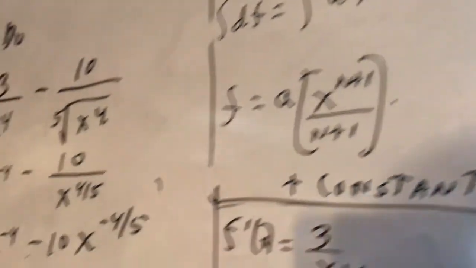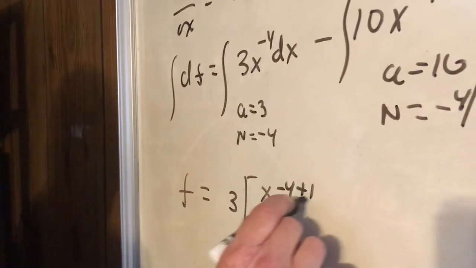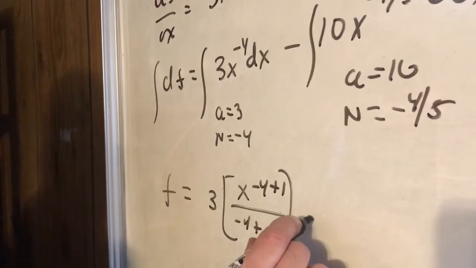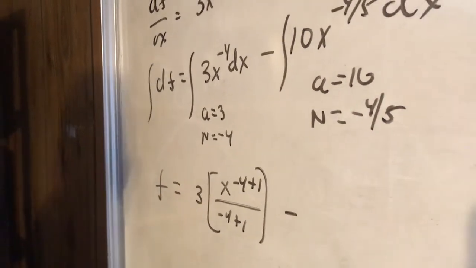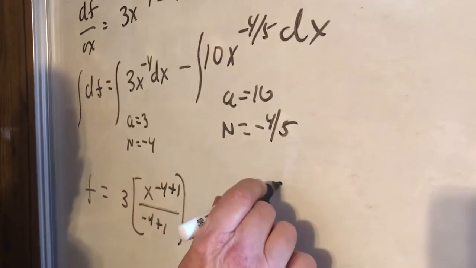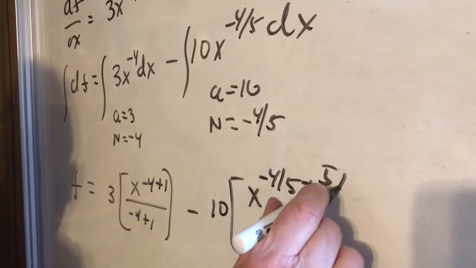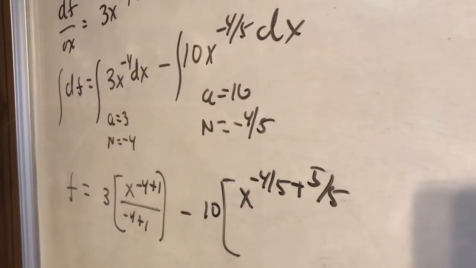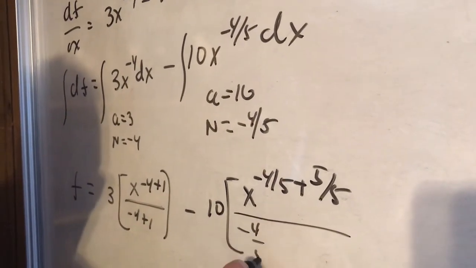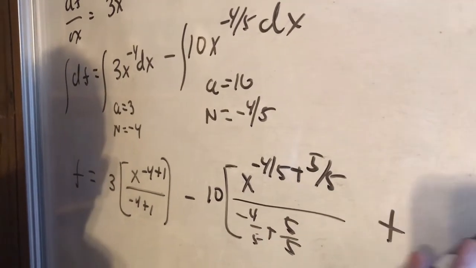F is going to be equal to 3x to the minus 4 plus 1, over minus 4 plus 1, minus 10x to the minus 4/5 plus 1. That would be 5/5. I'm just going to put it down as 5/5, over minus 4/5 plus 1, which is 1/5, plus c.